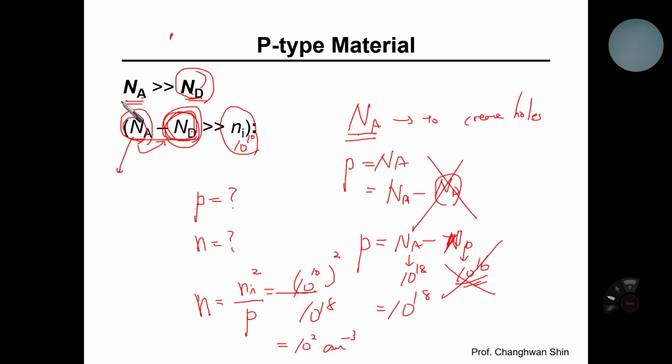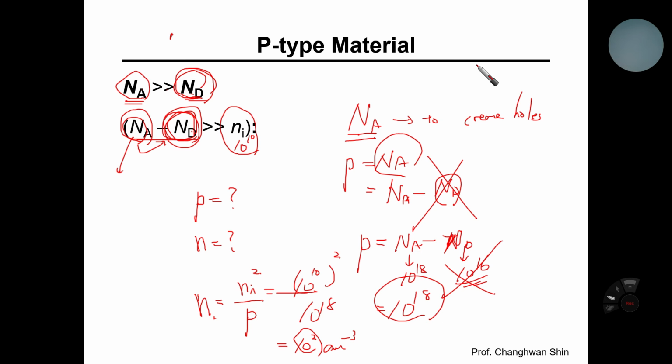So in this sample, the acceptor concentration is much higher than the donor concentration. Then this silicon material is p-type because it has a tremendous amount of holes, 10 to the 18, which is identical to the acceptor concentration. And the electron concentration is simply 100, which is way smaller than the hole concentration.